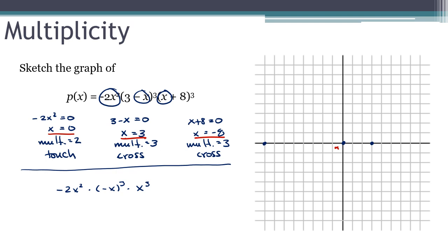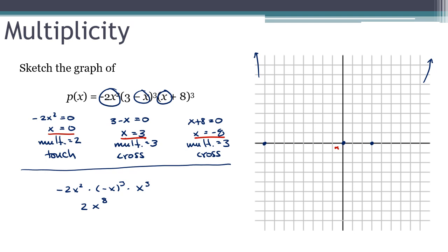So that negative times the -2, that's going to become +2, and it's going to be x to the 8th. No matter what number you put in there for x, positive or negative, when you raise it to the 8th power, it's positive. So it doesn't matter what number you put in there, a big positive number or a big negative number, you're going to get a big positive number back out. So it's going to be going up over here and up over here.